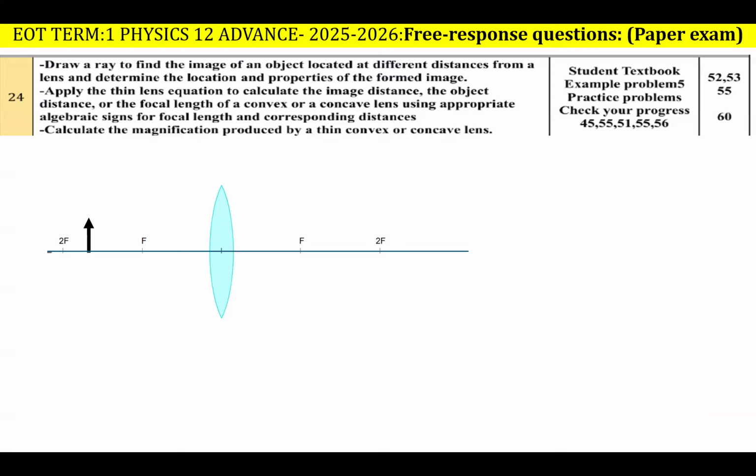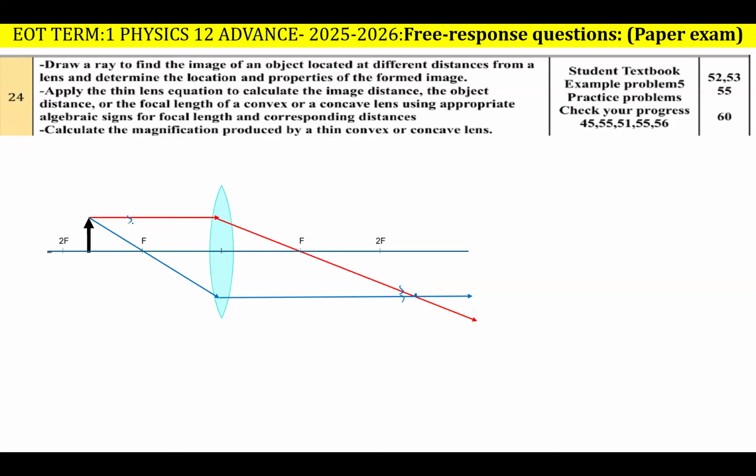Here we can see that an object is kept between 2F and F. So I use the first ray, coming parallel to the principal axis, which after refraction passes through the focus. I use the second one, which is passing through the focus, then it becomes parallel. These two are meeting at this point. So the image will be formed over here.